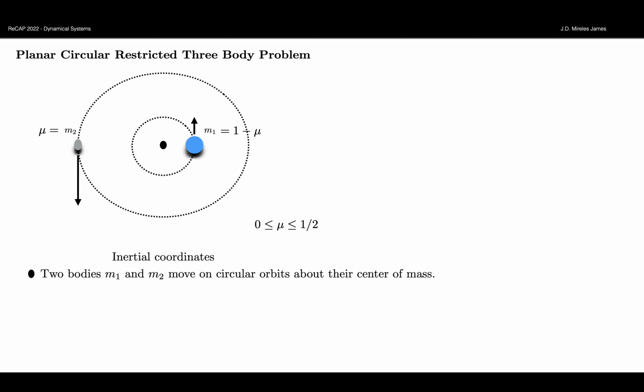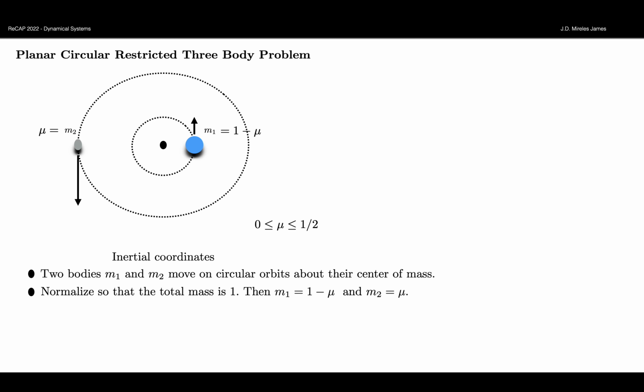Now, you consider the dynamics of a massless particle, like maybe a comet or a small moon or a man-made satellite that is influenced by the gravitational field of these two large primary bodies. But the massless particle will not influence these bodies.